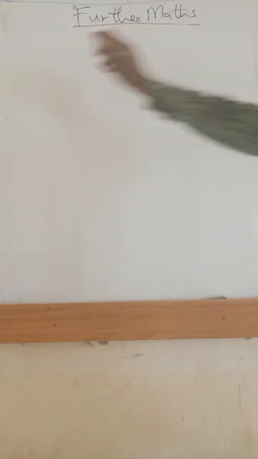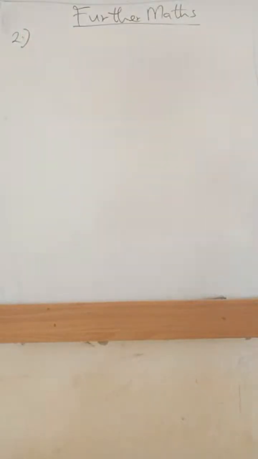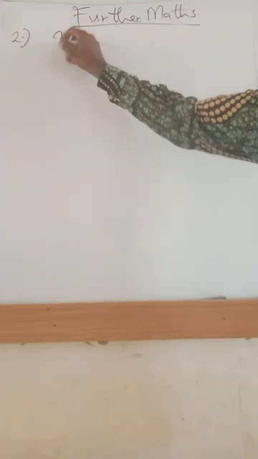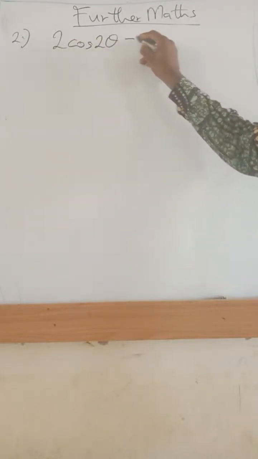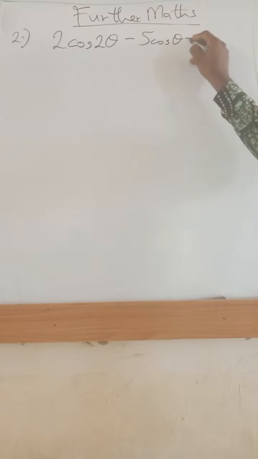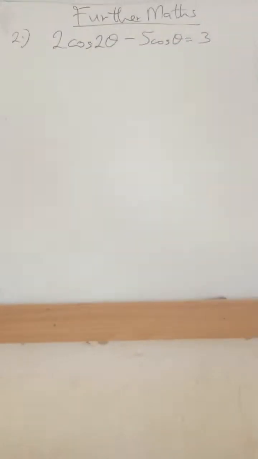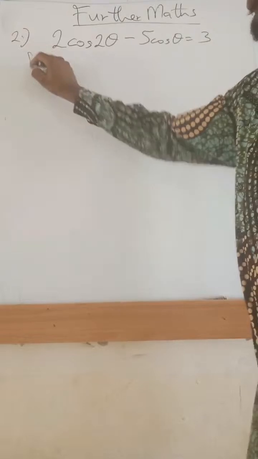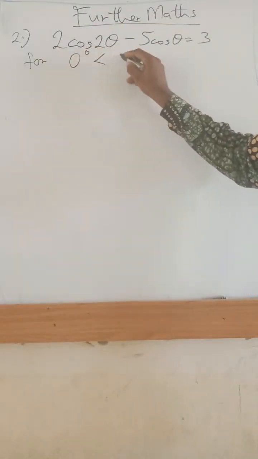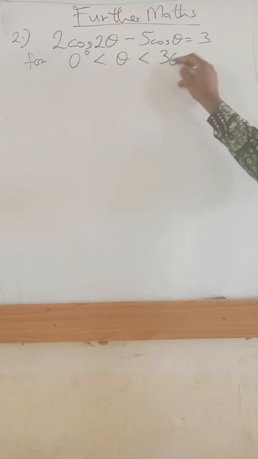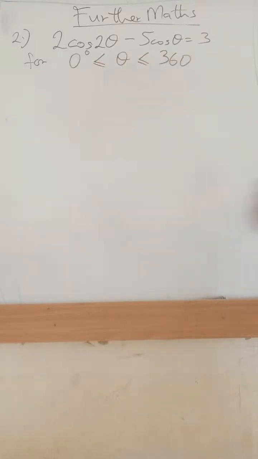Now number 2. Number 2 says solve the equation 2 cos 2 theta minus 5 cos theta equals 3, for theta between 0 and 360 degrees, where it lies between 0 and 360 degrees.